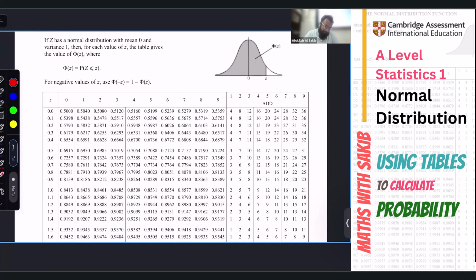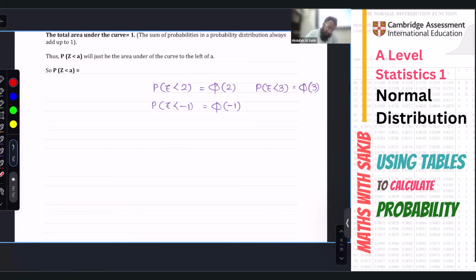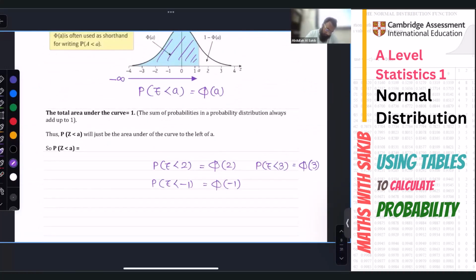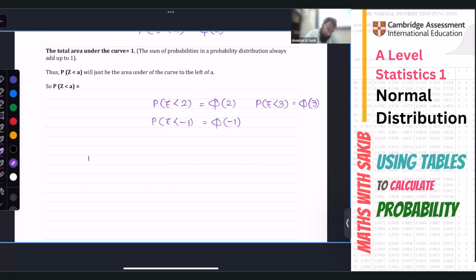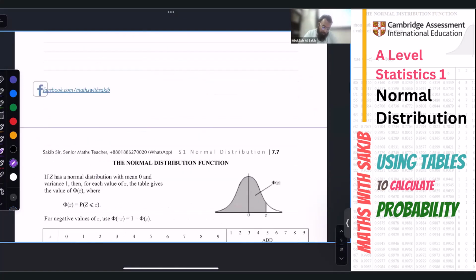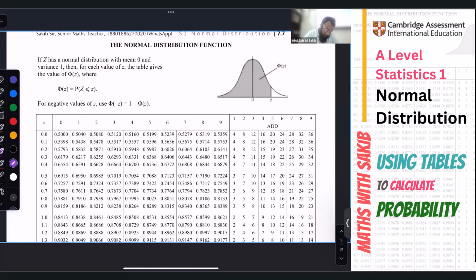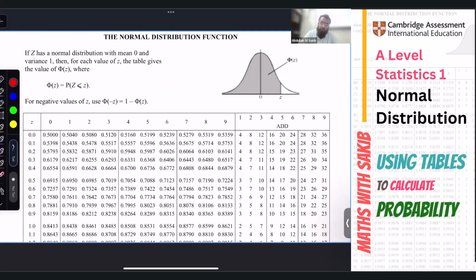Listen. Suppose now we are calculating probability of Z is less than 1.02. That means what I have to find? I have to find phi 1.02. Clear? So Z is 1.02.